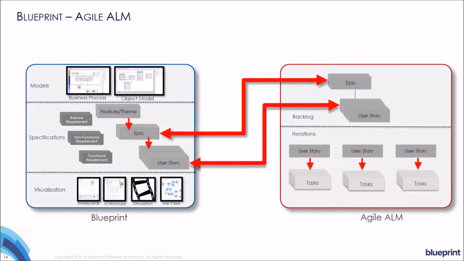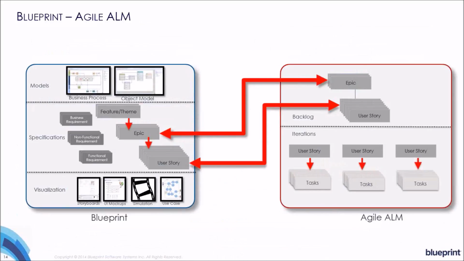From a process point of view, here are the Blueprint and Agile ALM touch points. On the left, Blueprint is used to capture not just the business functional and non-functional needs, but also the high-level process and context. Blueprint also provides rich visualization and prototyping of storyboards, mockups, and use cases to drive alignment and collaboration with your business stakeholders.